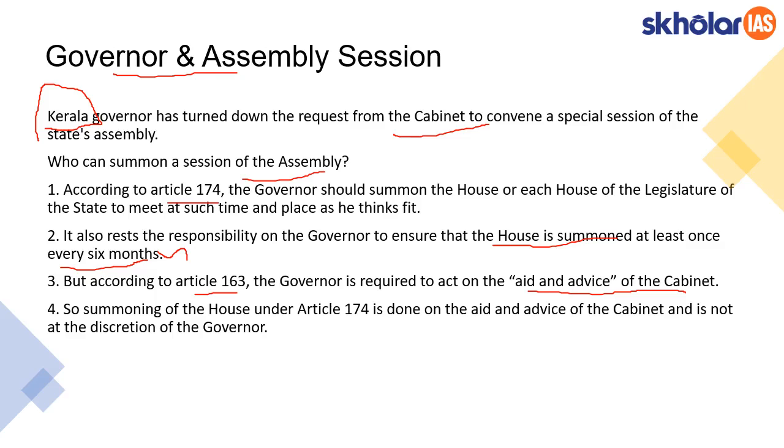So even though Article 174 rests the power on the governor, he has to take the aid and advice of the cabinet in summoning the house, and he cannot use his discretionary power in summoning the house.